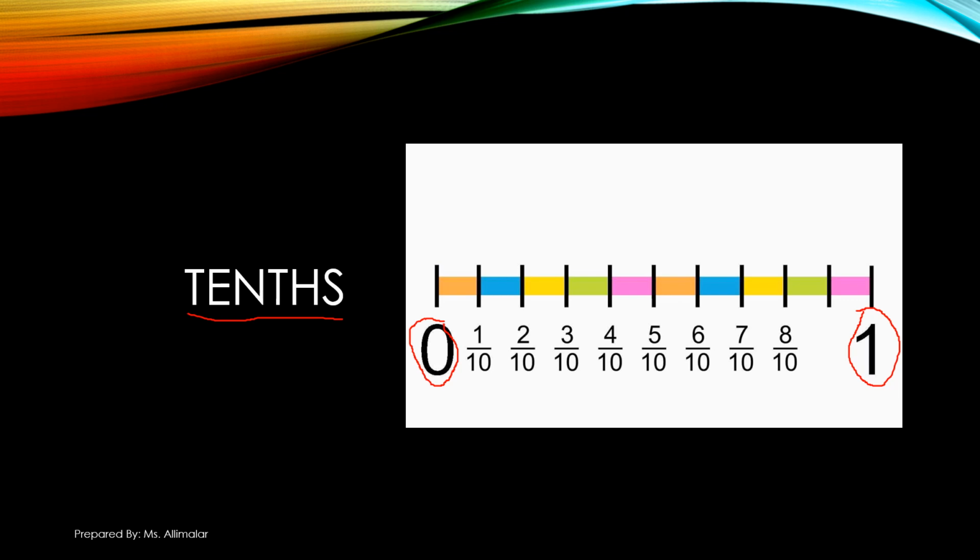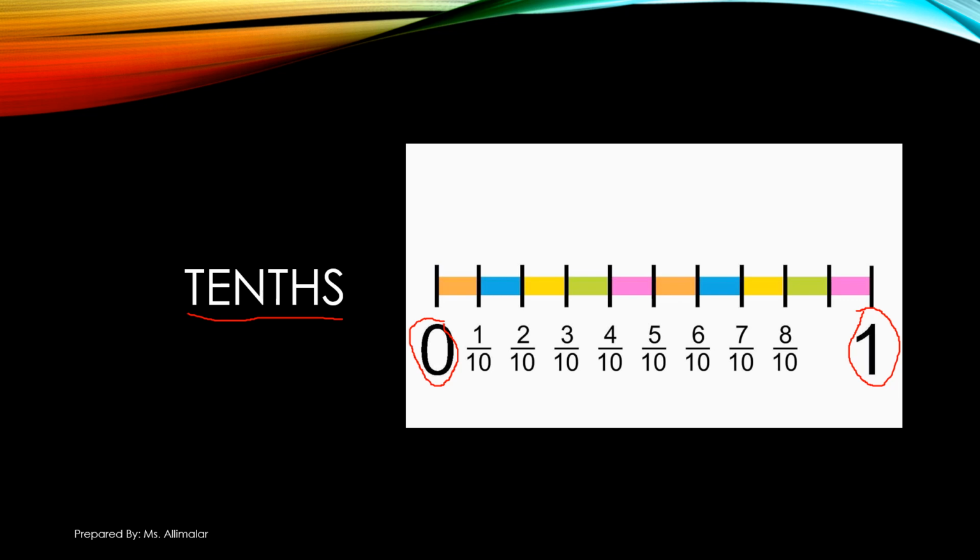Now, you have 1 over 10, 2 over 10, 3 over 10, 4 over 10, 5 over 10, 6 over 10, 7 over 10, 8 over 10. After 8 over 10, supposed to be 9 over 10. And the last one, they put 1 there. After 9 over 10 should be 10 over 10.